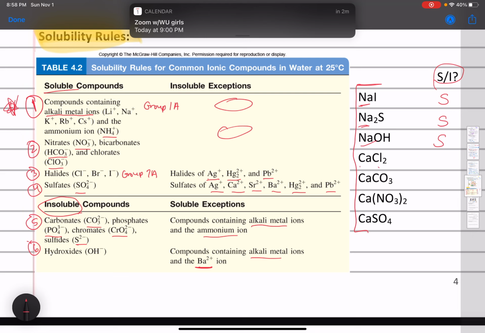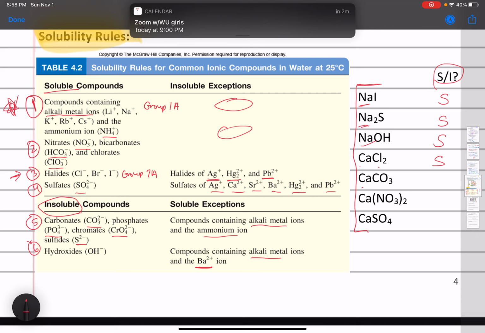Now let's look at these calcium salts. So we've got calcium chloride. Well, there's no rule about calcium, but there is a rule for chlorides. That's rule 3 here. Chlorides are always soluble unless they have silver, mercury, or lead, and calcium is not one of those exceptions, so calcium chloride will be soluble.